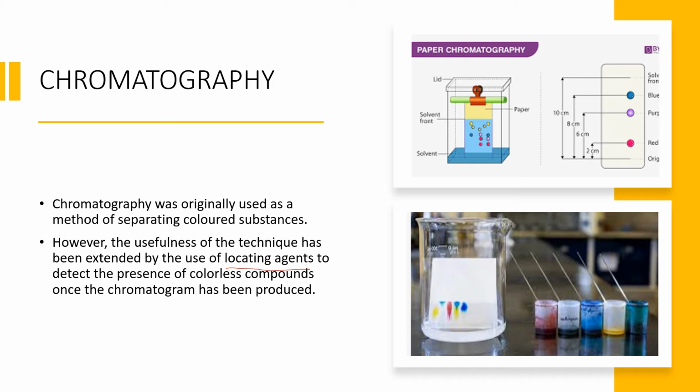Here, for example, we have paper chromatography. This part is dipped in a solvent, and then the substance we want to observe we put here on the paper, and then the solvent will go up the paper and separate the components of the mixture.